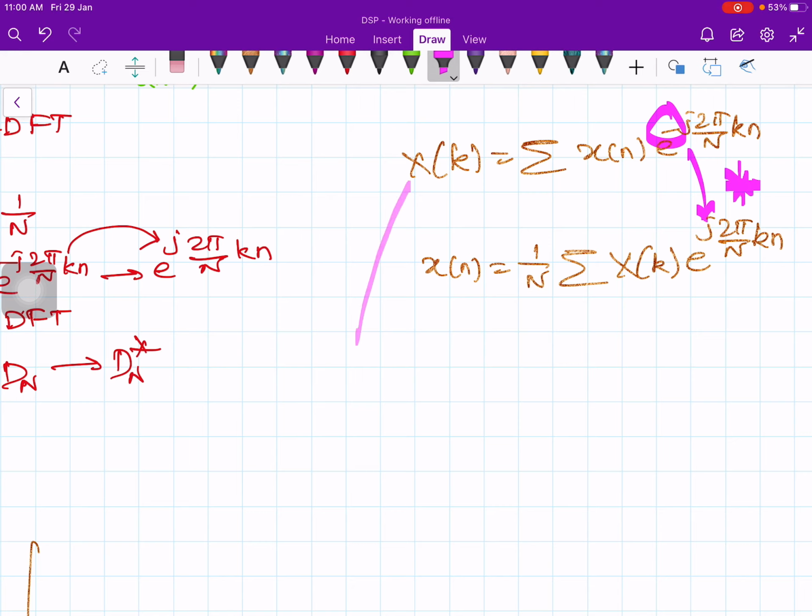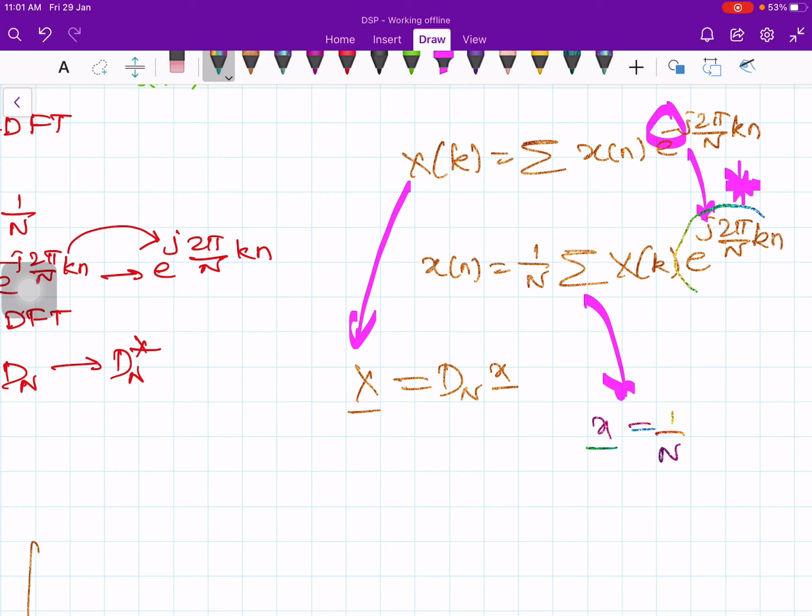Okay, so in this you have capital X bar on the left hand side, and on the right hand side you have dn times small x bar. From this, what do you write? Small x bar is 1 by N, and this is my dn, so it is a complex conjugate of this, therefore dn complex conjugate of capital X bar.